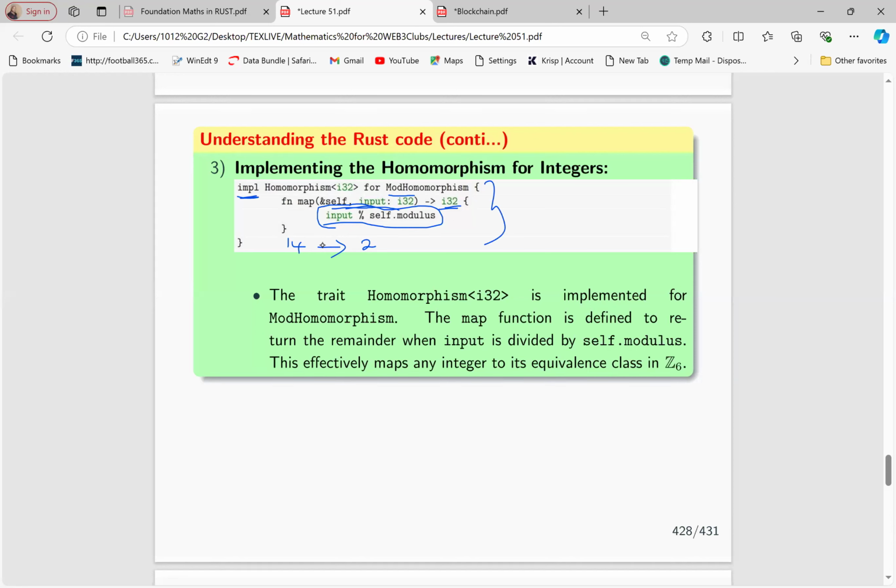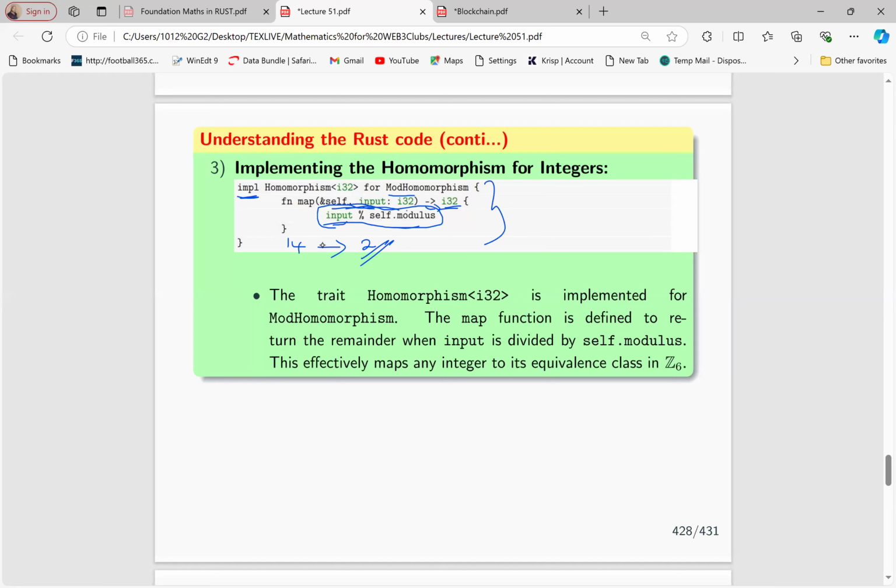So you have the input, but then the input is mapped to the input divided by the modulus, and you note the remainder. For instance, if the input is 14, the output will be 2.